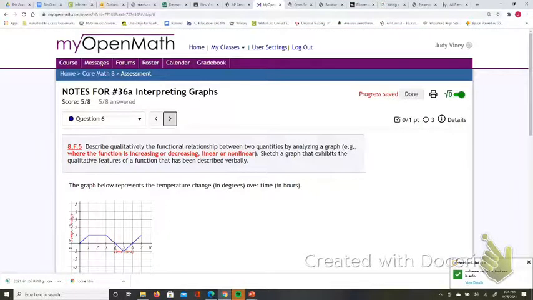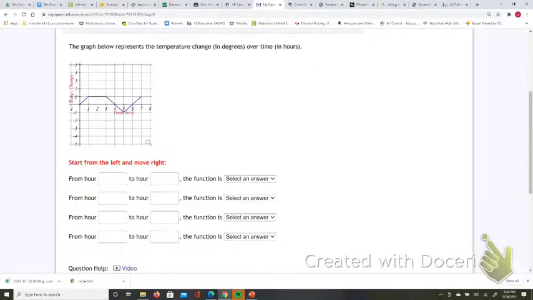Number 6. Okay, this is the same type of question that we just did. The graph below represents the temperature change in degrees over time in hours. So the time is on the x-axis. I told you on these graphs, it's almost always time on the x-axis.